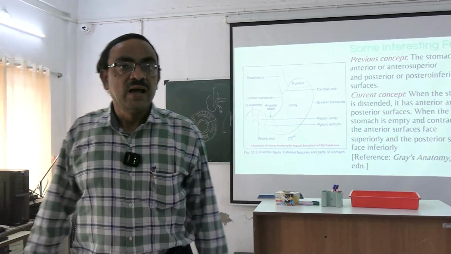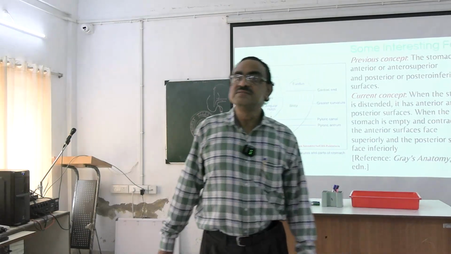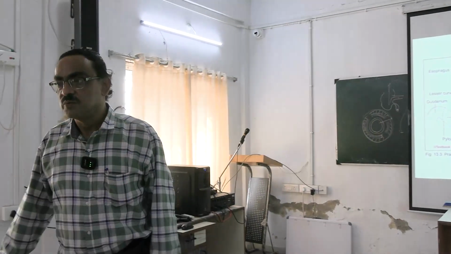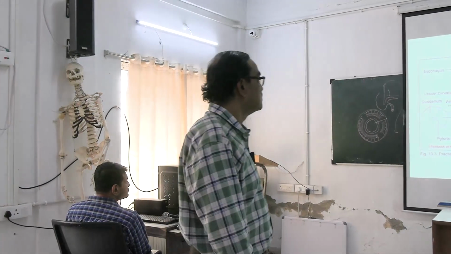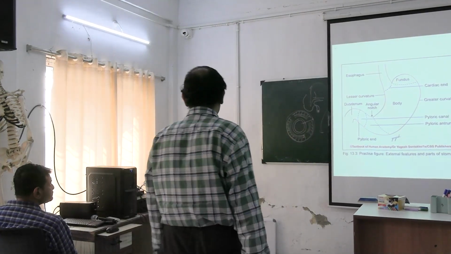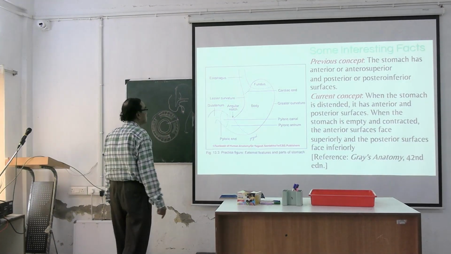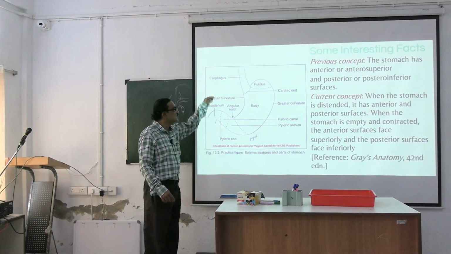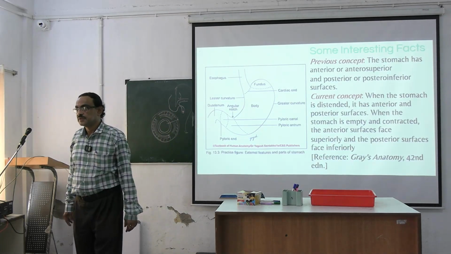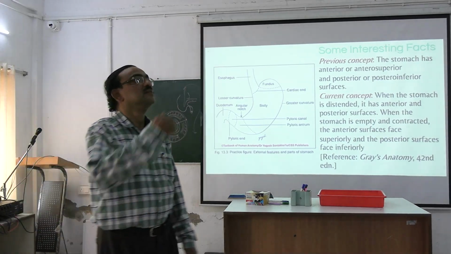Now about the parts, you can see there are several parts. One is the fundus, one is the body, and one is the pylorus. Now the fundus, how can you draw the fundus? We know that a notch is there, that is the cardiac notch, through which if we draw a horizontal line, then we can divide the stomach.